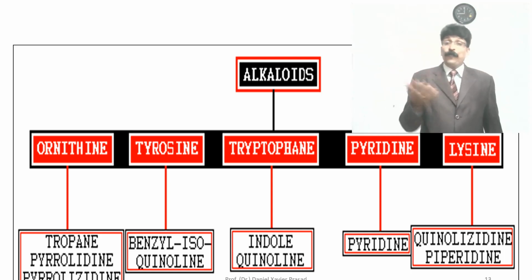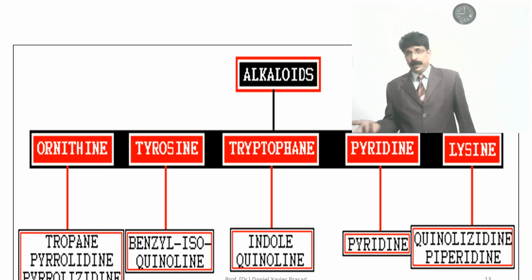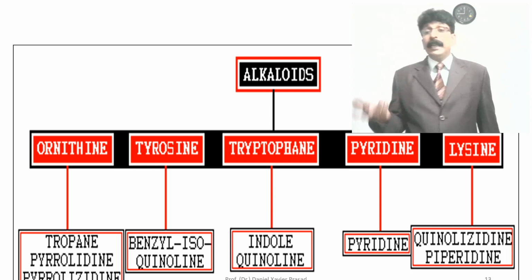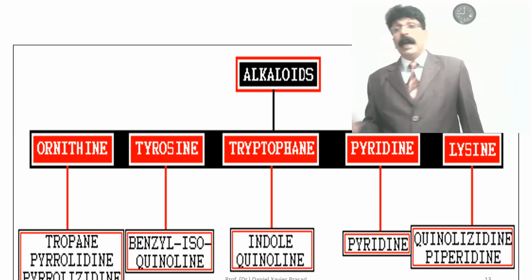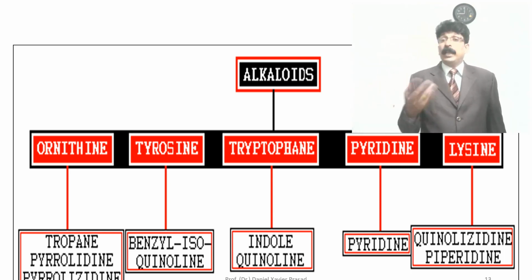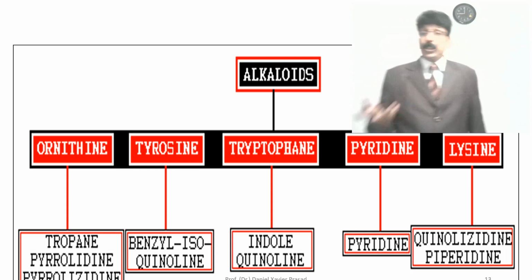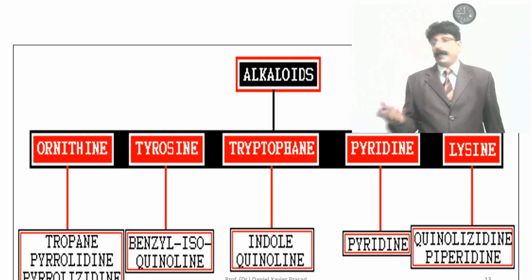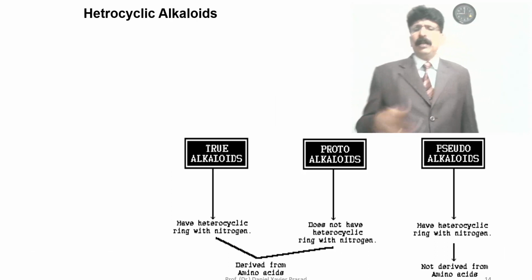Tryptophan gives indole and quinoline alkaloids, pyridine gives pyridine alkaloids, and lysine, an aliphatic amino acid, gives rise to quinolizidine alkaloids and piperidine alkaloids. These are some of the things you have to remember.